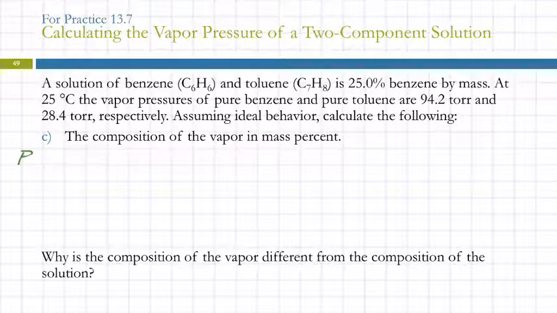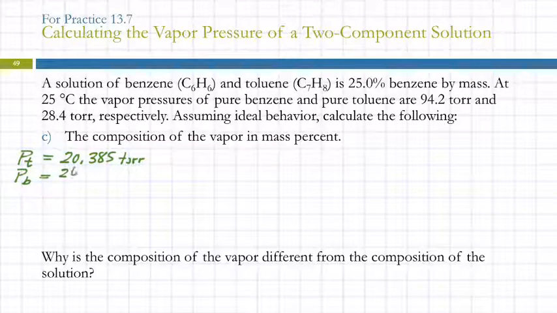The partial pressure of toluene was 20.385 torr, and the partial pressure of benzene was 26.585 torr. Did I get that right?